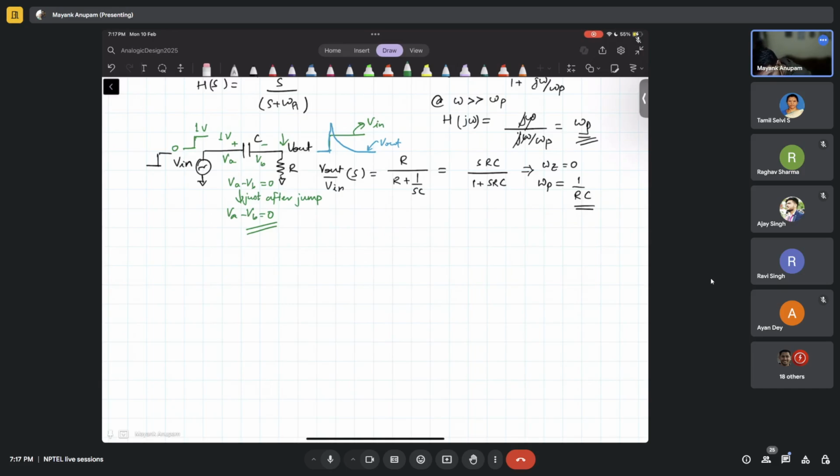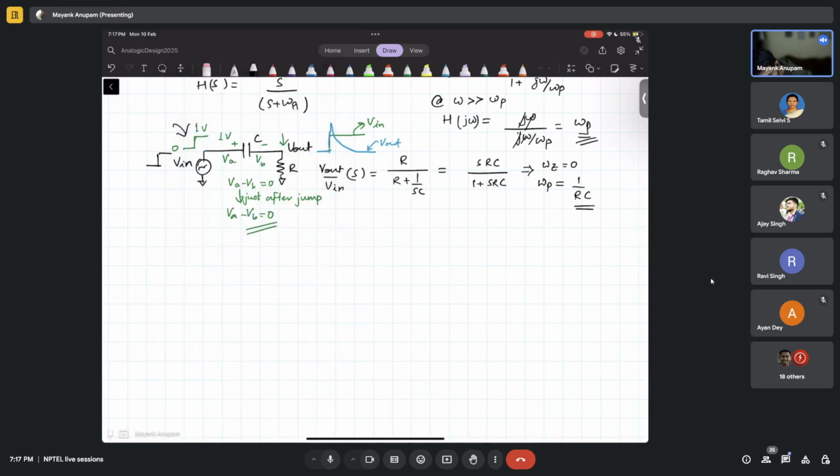And because of that, whatever the initial voltage across the capacitor was, just after this jump here, the unit step, the voltage across the capacitor will still remain 0 volt, right? Good.